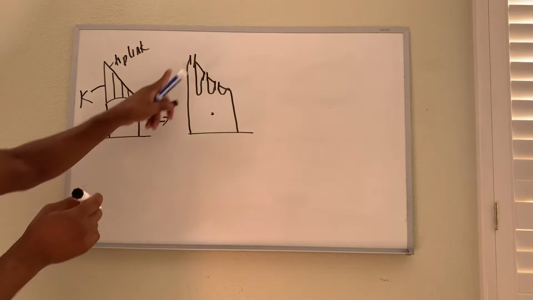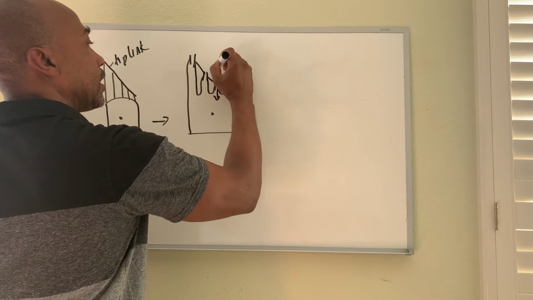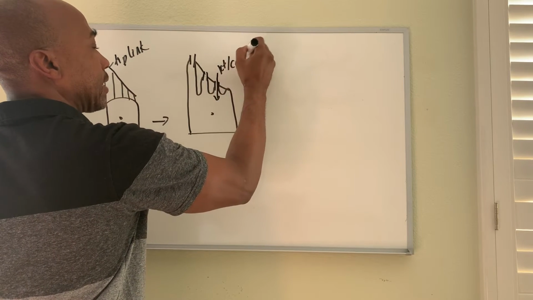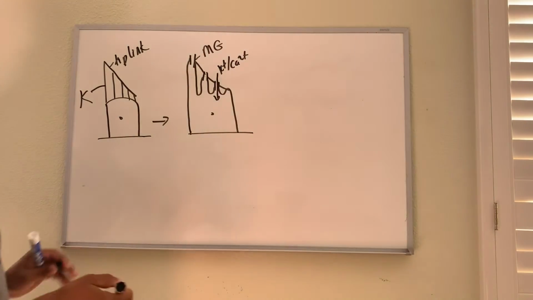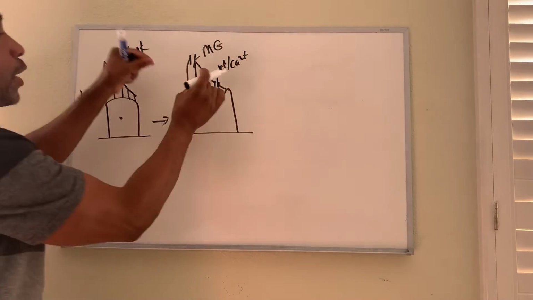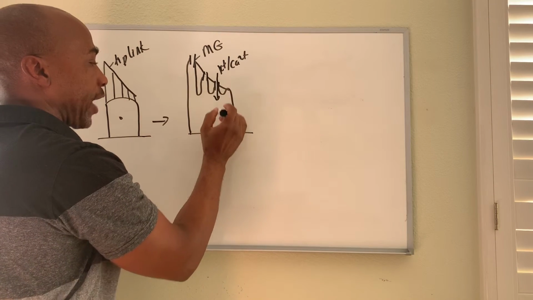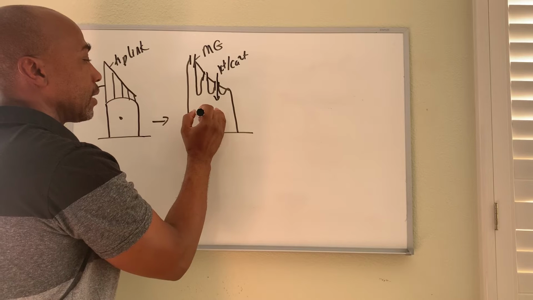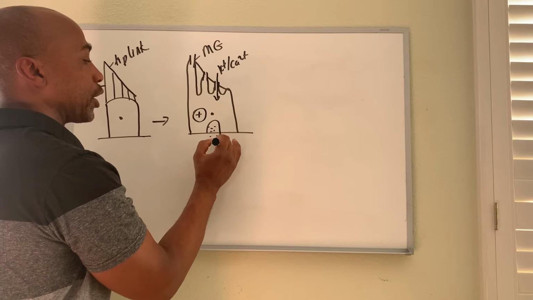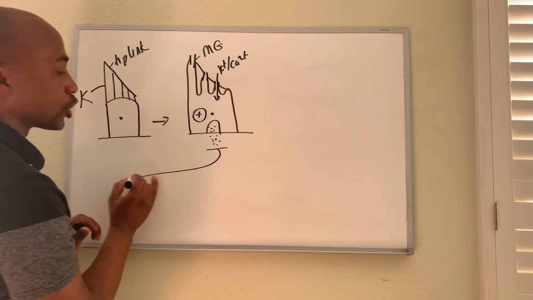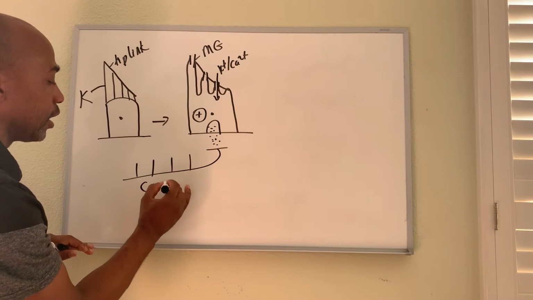These channels let in potassium and calcium ions. These are mechanically gated channels, because when the tip link pulls on them, that's when they open or close. So keep that in mind. When these ions come in, they depolarize the cell, which then releases neurotransmitters, which trigger action potentials in your cranial nerve number 8.